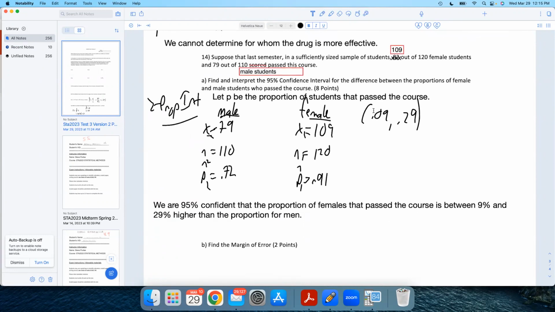By the way, if we had gotten a negative and a positive, that happens. Sometimes you get a negative and a positive. What's it mean to be negative higher than? That would be lower. So I'm going to erase all this, but let's pretend for a second that we got a negative here.